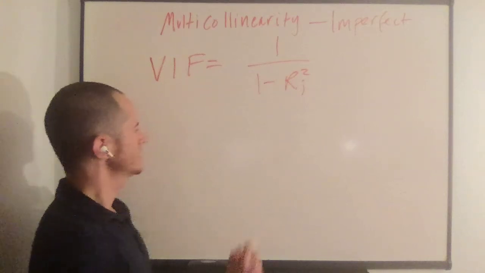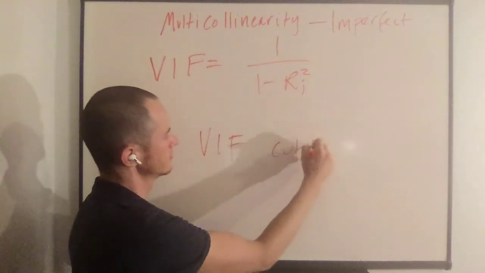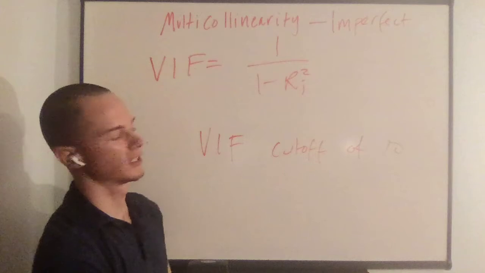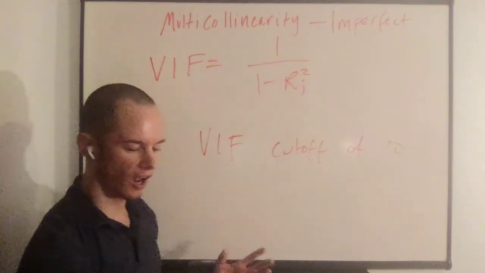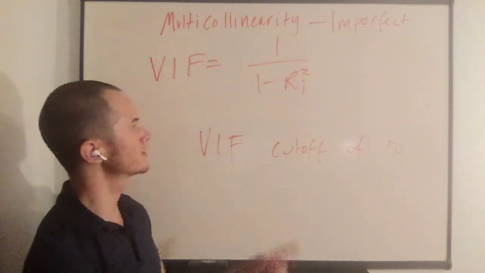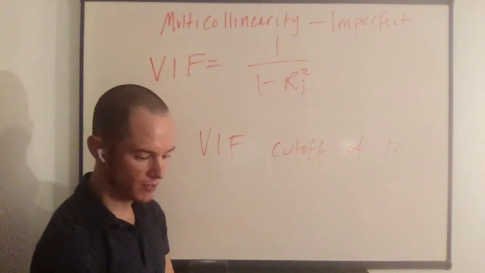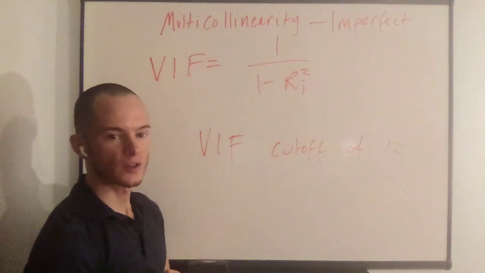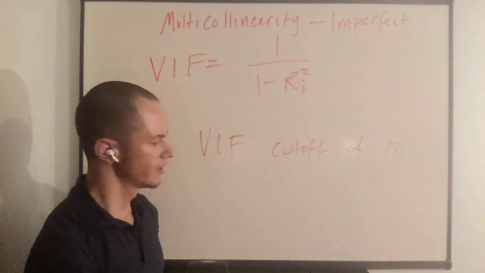The thing about this variance inflation factor cutoff of 10 is that it's sort of arbitrary. And the other thing is that there are other factors that matter for variance, not just this coefficient of determination. The error variance also matters, as does the total sum of squares in j.